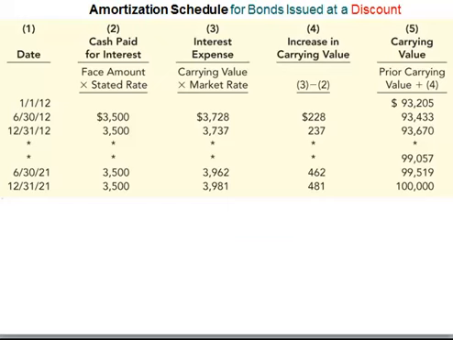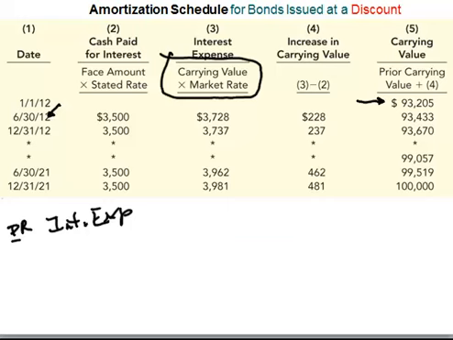Here's a sample amortization schedule for a bond issued at a discount. We calculated the issue price to be $93,205. On the first interest payment, we will calculate interest expense to be the carrying value multiplied by the market rate. The carrying value, notice, begins at the issue price and will change over time.